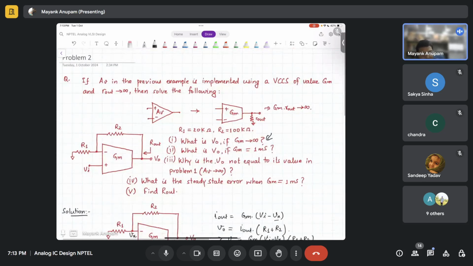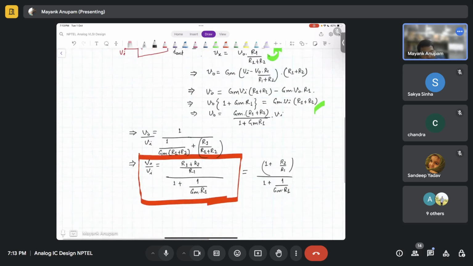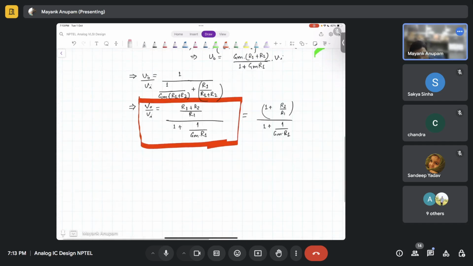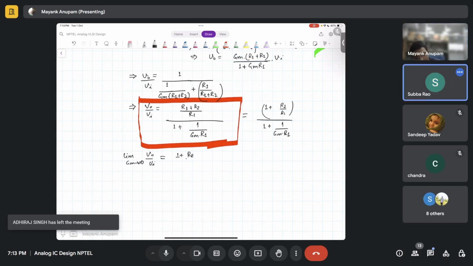The limit of V0 by Vi as Gm tends to infinity is how much? Equal to 1 plus R2 upon R1.